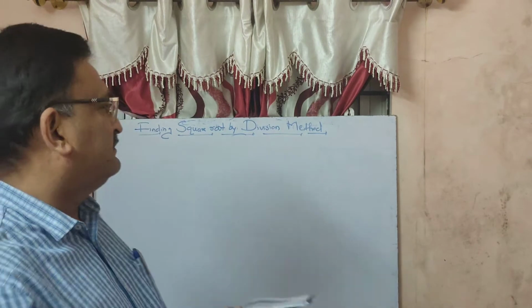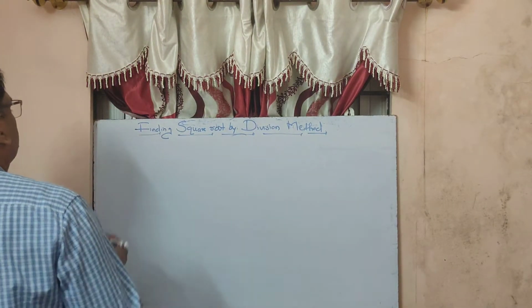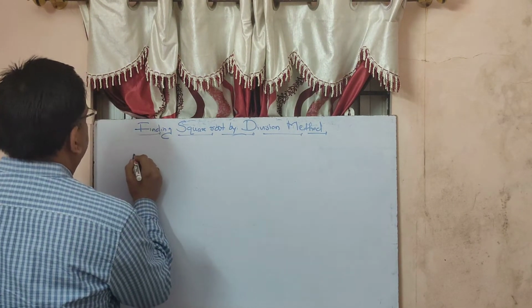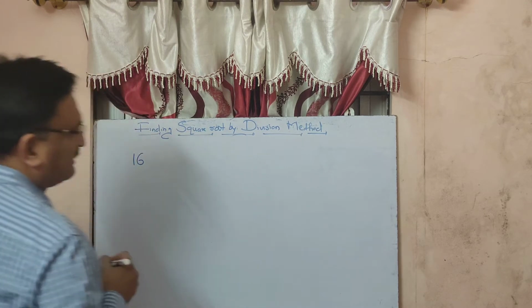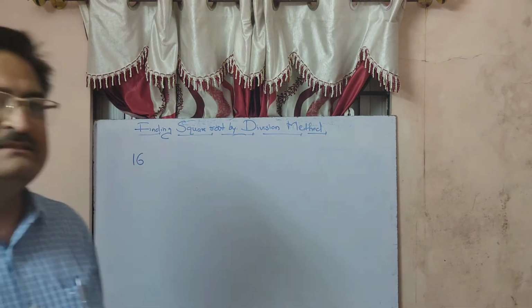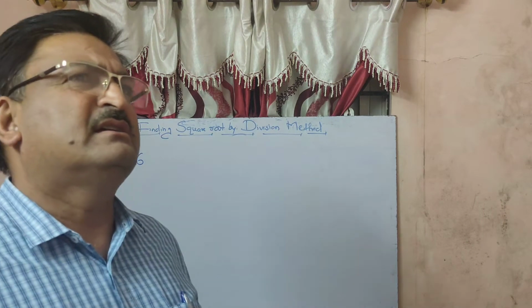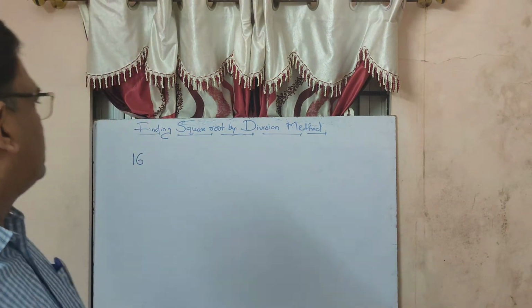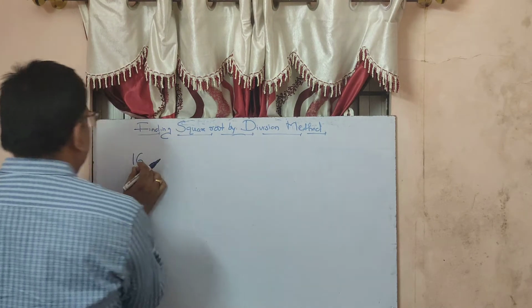So yesterday we were studying how to find the square root through the division method. Before that, one more important thing I would like to share with you. For example, if a square number is 16, a perfect square, the number of digits is how much?